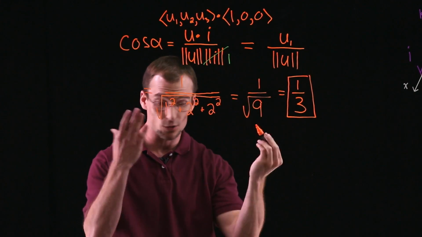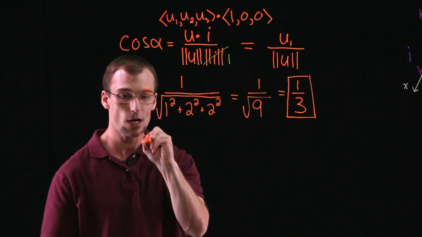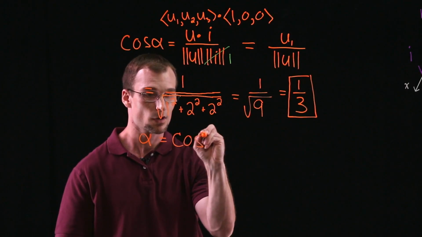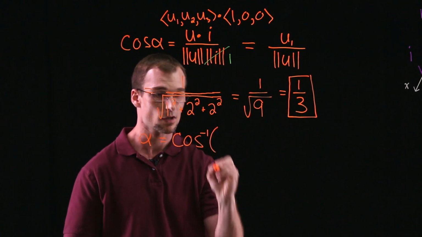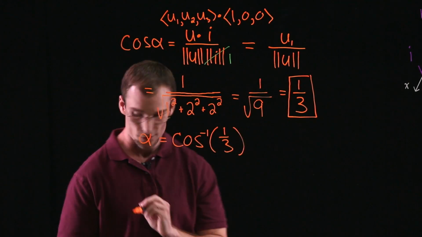Now we want to find the direction cosines, which we have, but we also want to find the angle. So we have our angle alpha, which is going to be equal to cosine inverse of our cosine value 1/3.